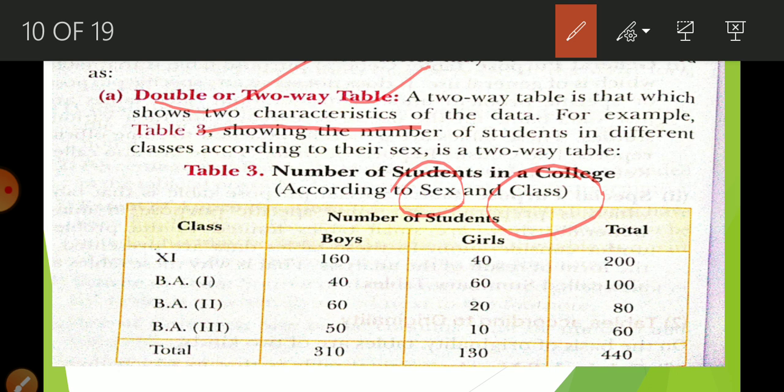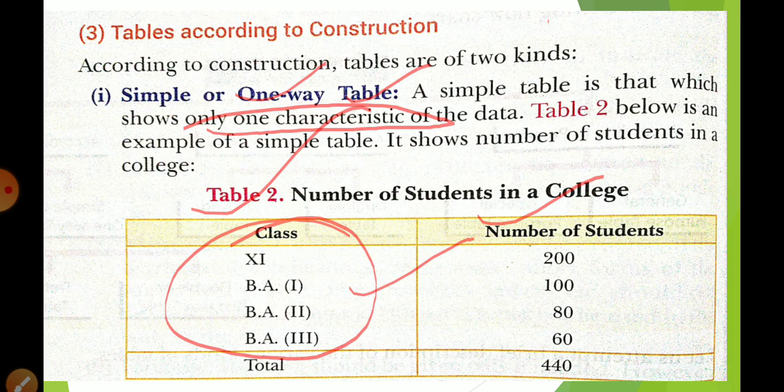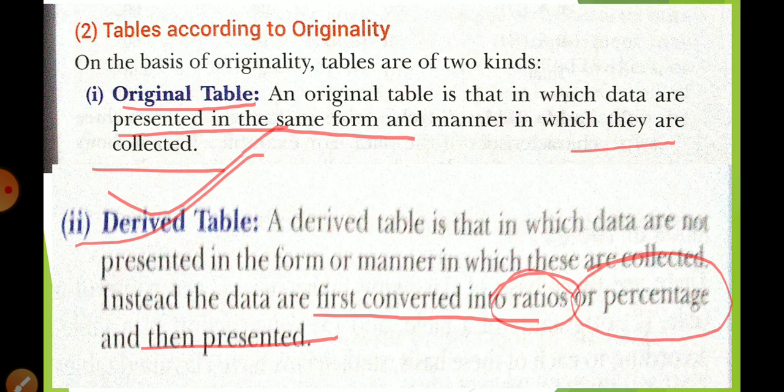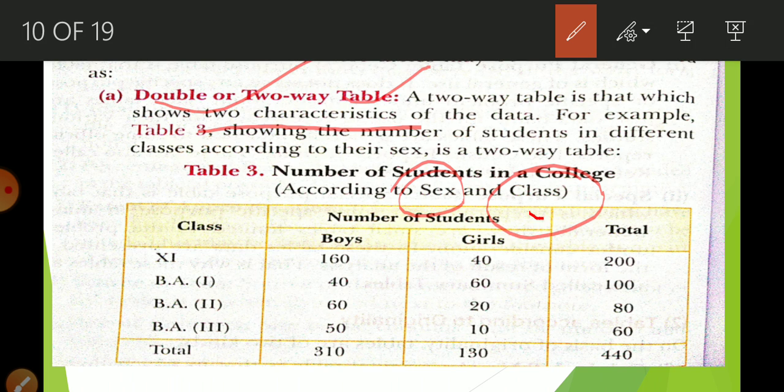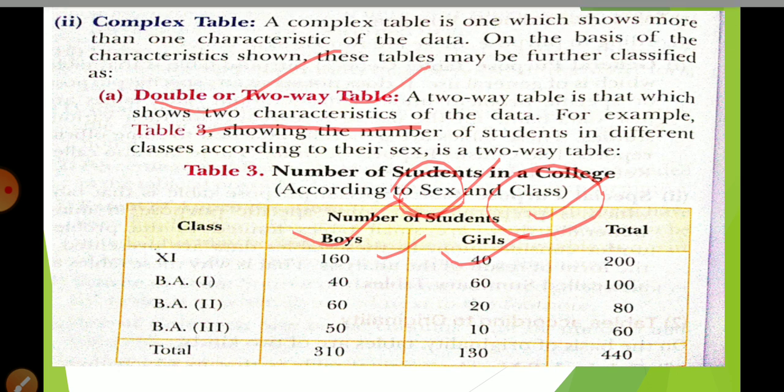In the previous slide it is only on the basis of class, so that is why it was a one way table. Now here it is on the basis of class as well as sex. You can see the number of students, and again it is divided into boys and girls. So this is your two-way table.